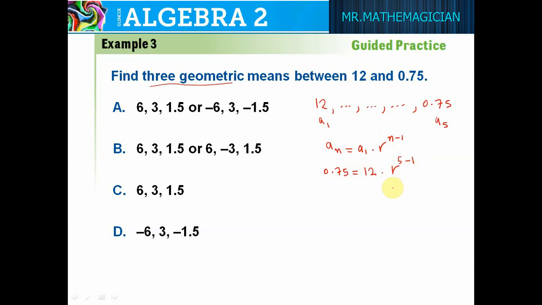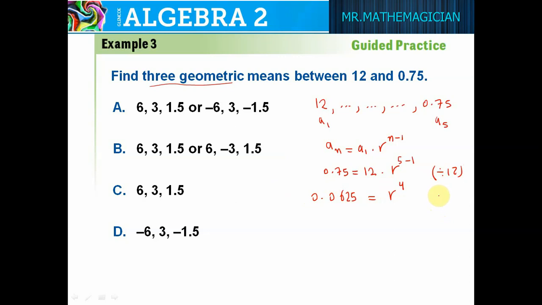Let's divide both sides by 12. So we need to know now 0.75 divided by 12, dividing by 12 for both sides, this will give you 0.0625 equals r to the power of 4.